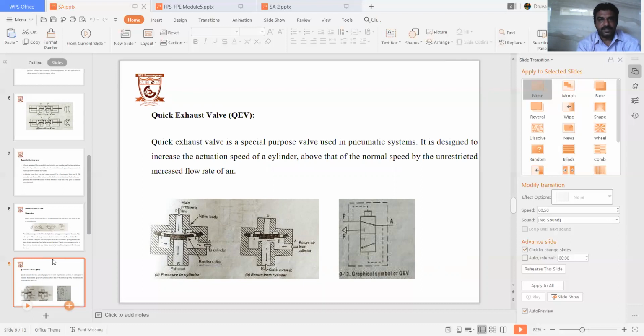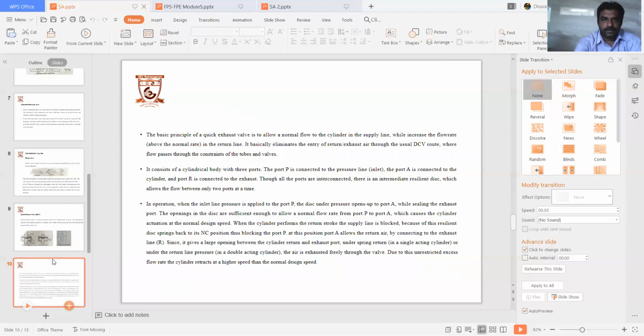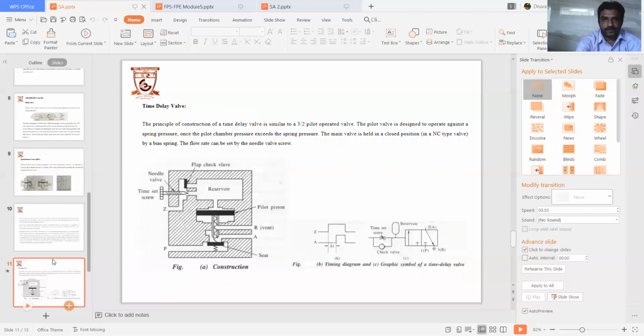So basically, these valves are used for actuation of cylinders, increased flow rate of air. So you can see the graphic symbol of quick exhaust valve. So in operation, when the inlet pressure is applied to port A, the compressed air flows through the valve and it leaves from the other port.